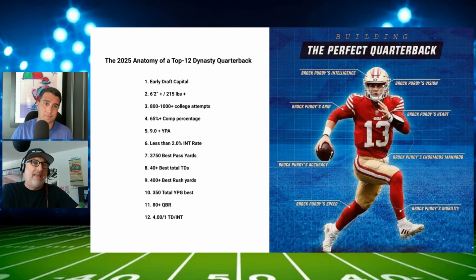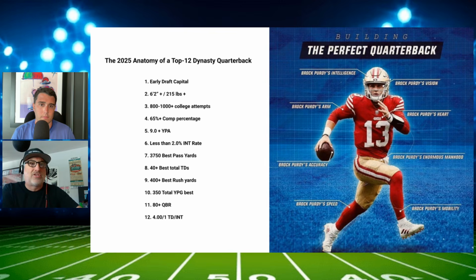I don't have his numbers in front of me right now, but look, he was a Devy darling. I remember when he was basically a freshman, he was a highly touted player. So there's something to be said for his profile going into college. And it's a little bit like Bo Nix.